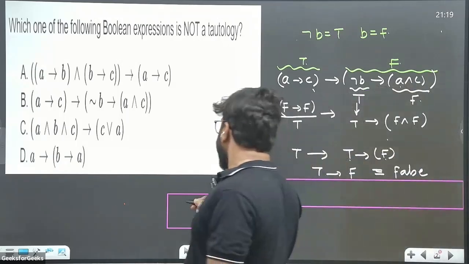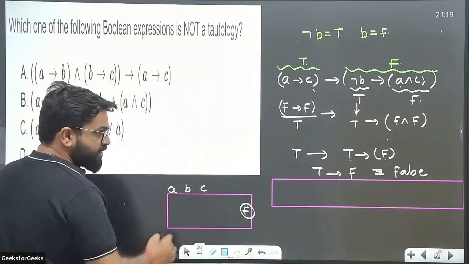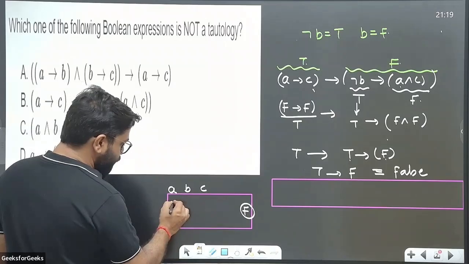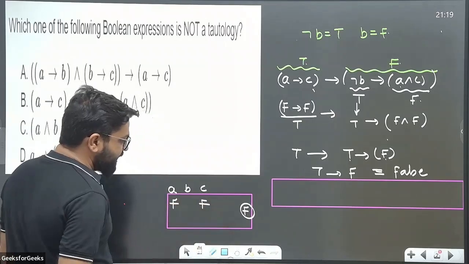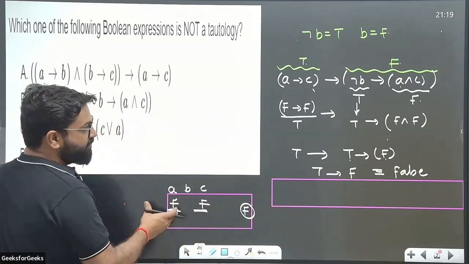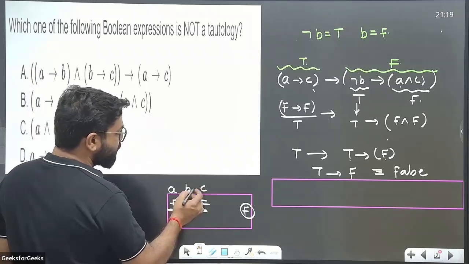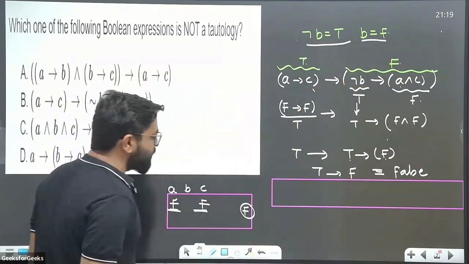So for example, this is your A, this is your B, this is your C. This is the truth table. If you put the value of A as false and the value of C as false, and the negation of B is true, that means B is false.